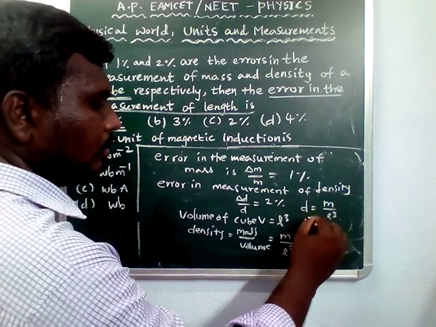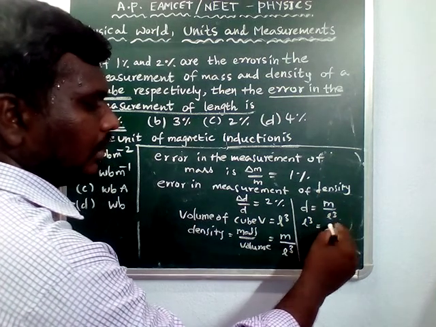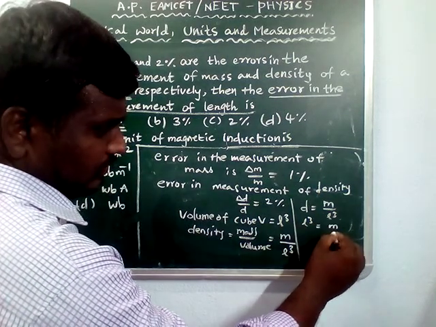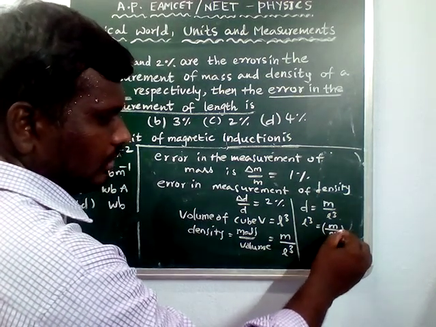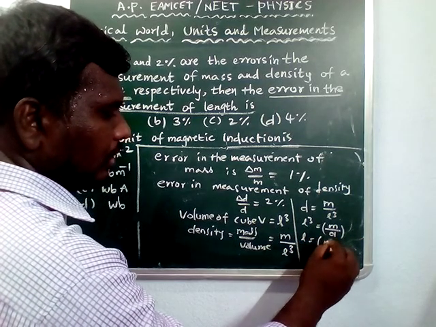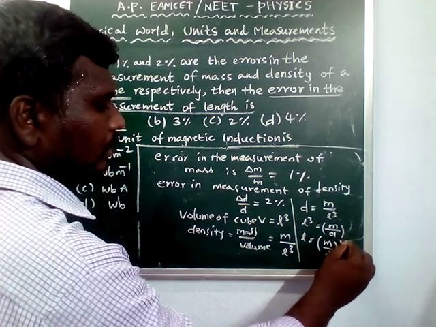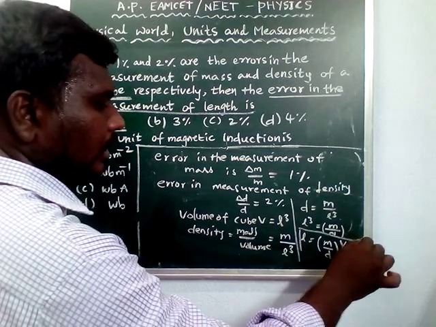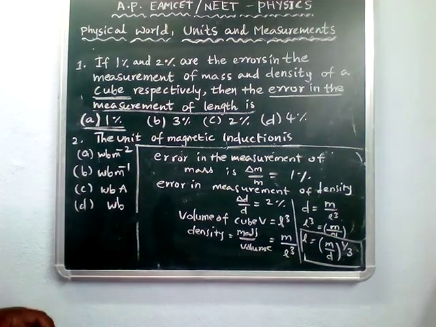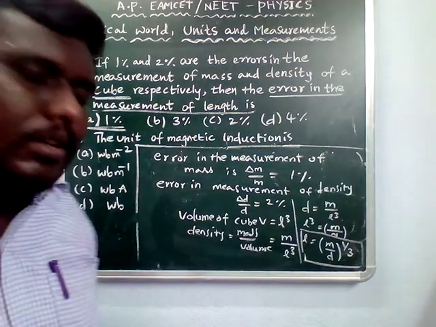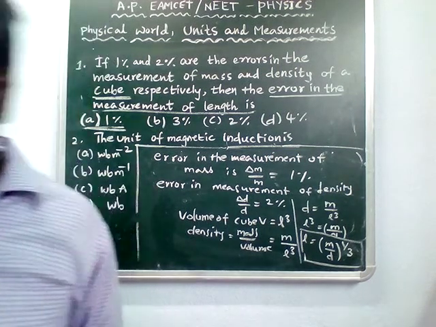So L cube is equal to m by d, and L is equal to m by d whole power 1 by 3. This is the formula for length.